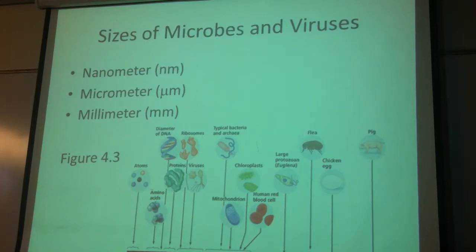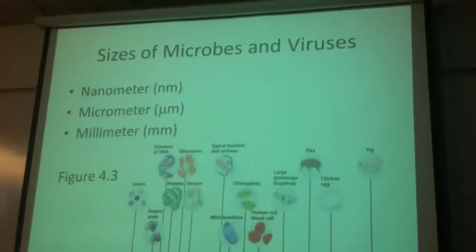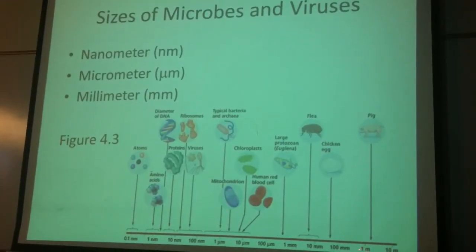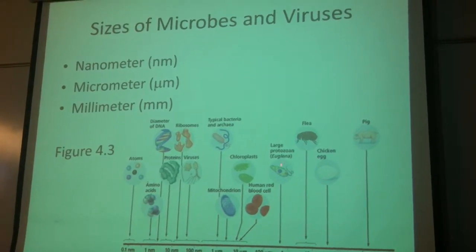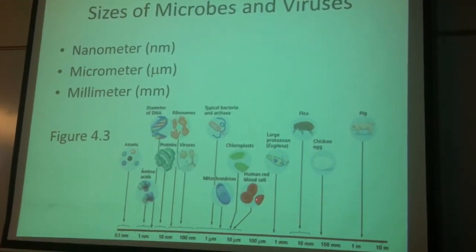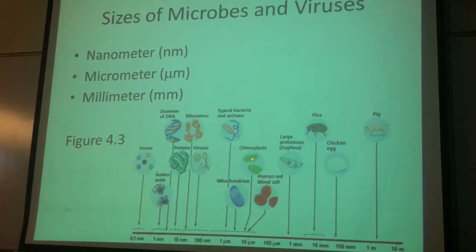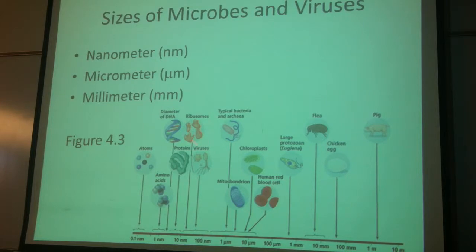Also, to help put things in perspective size-wise, I always like seeing where things lay out. As you go down, you have a pig, then a meter, chicken egg, flea, large protozoa. Then we start getting the human blood cells, chloroplasts, mitochondria, some bacteria and archaea. So our organelles are bigger than some of the prokaryotes. Then you start getting your viruses, your ribosomes.